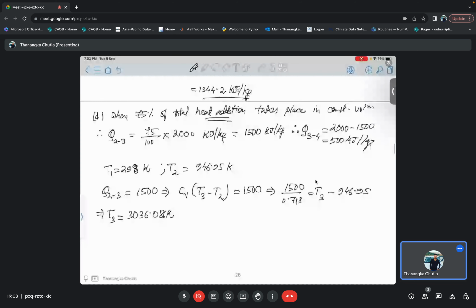Similarly, your T4 will also get changed. Q3 to 4 is now just 500. Okay, so that means Cp times (T4 minus T3) is equal to 500.